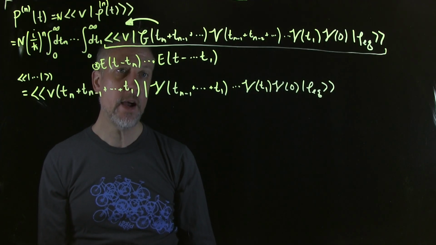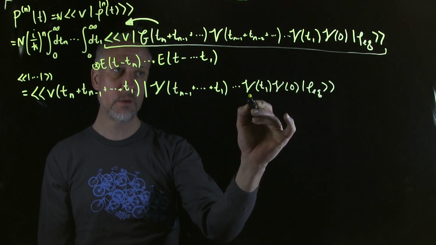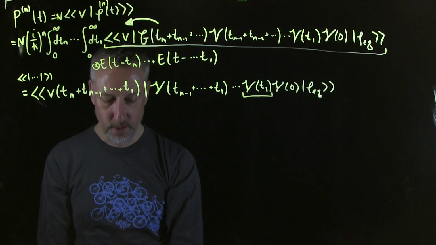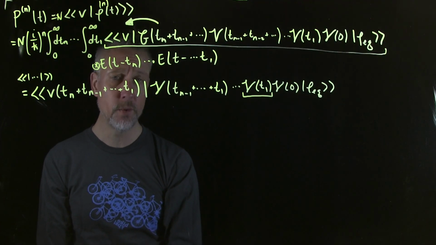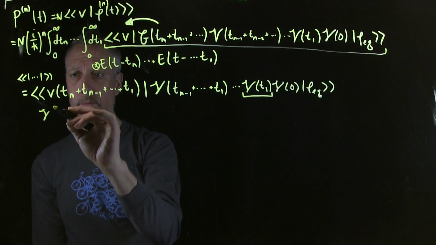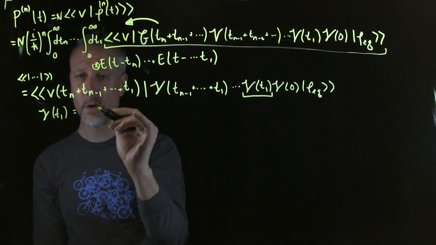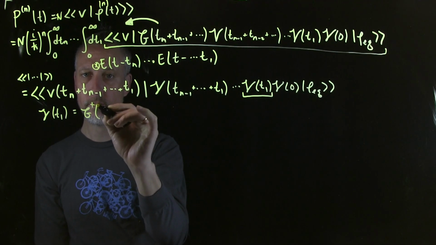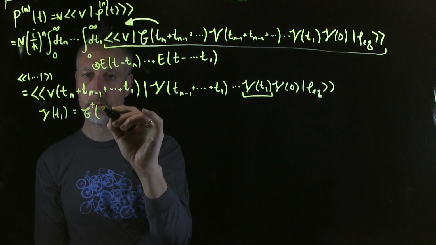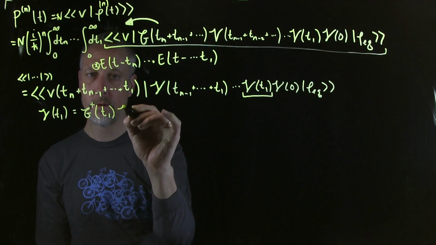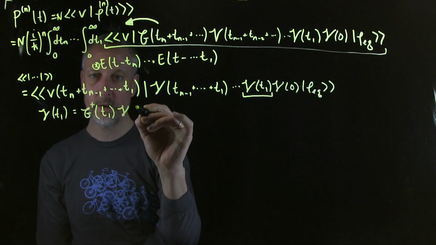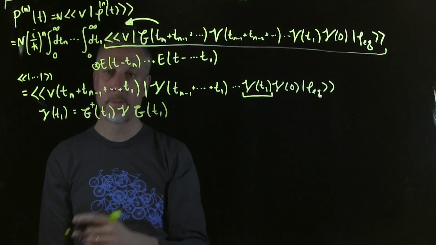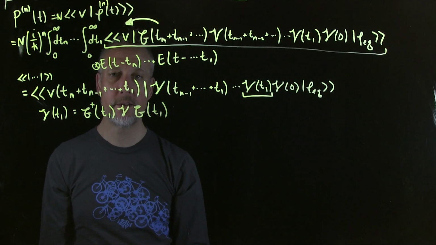So remember that we have each of these terms here, like V of T1. V of T1 came from doing G of T1, V, the thing that doesn't depend on time. And remember what these G's are.